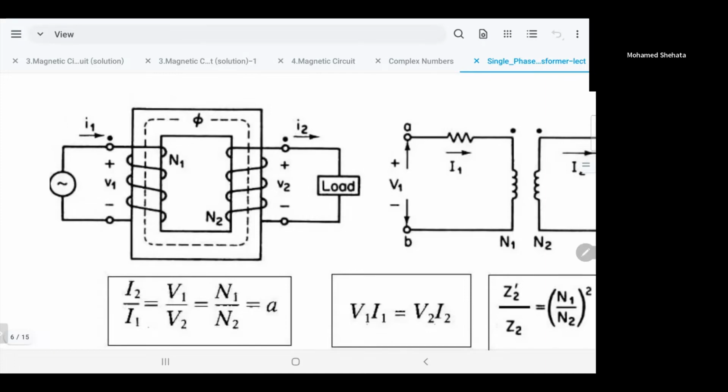The other side will not be affected. The high voltage and the low voltage are not connected directly.